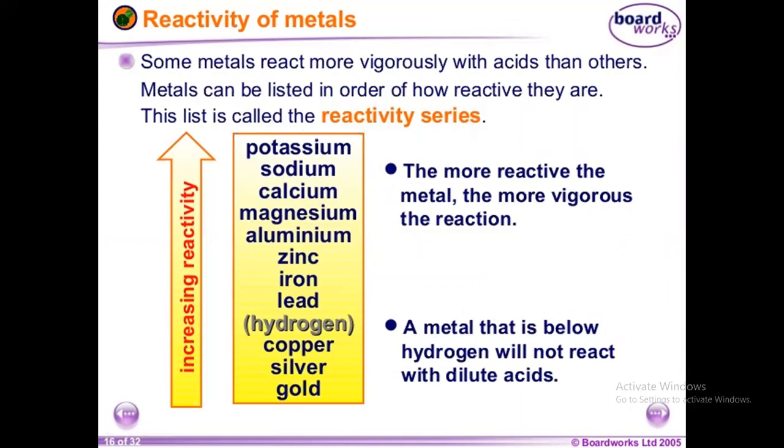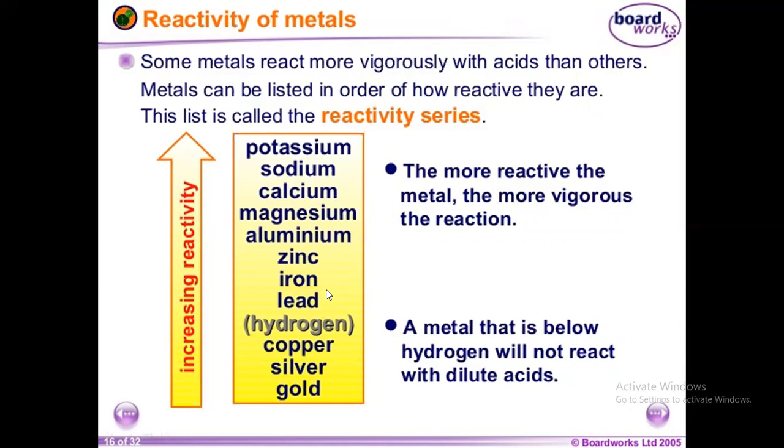As you see, potassium is placed at the top. So why is it placed at the top? Because it is highly reactive, right? The reaction of metals gradually becomes less reactive or less violent as we go down the series.